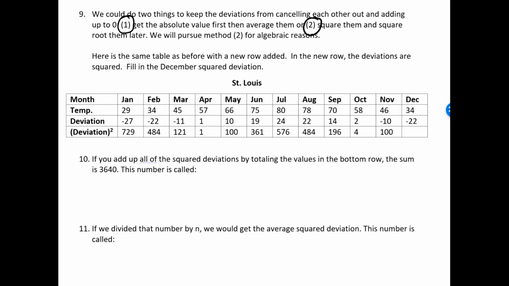Because if we're squaring, we're making it really big. We want to bring it back down to the same unit of measurement by taking the square root later. So, the reason why we pursue this second method is for algebraic reasons. If you think way back to high school math, not to traumatize anybody, but think back to the Pythagorean theorem, where a squared plus b squared equals c squared, but if it's just a plus b, it doesn't always equal c, right?